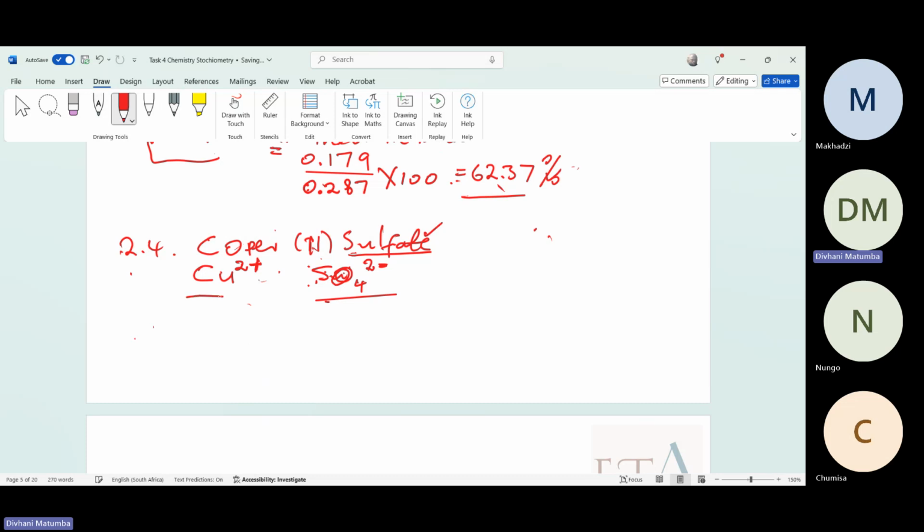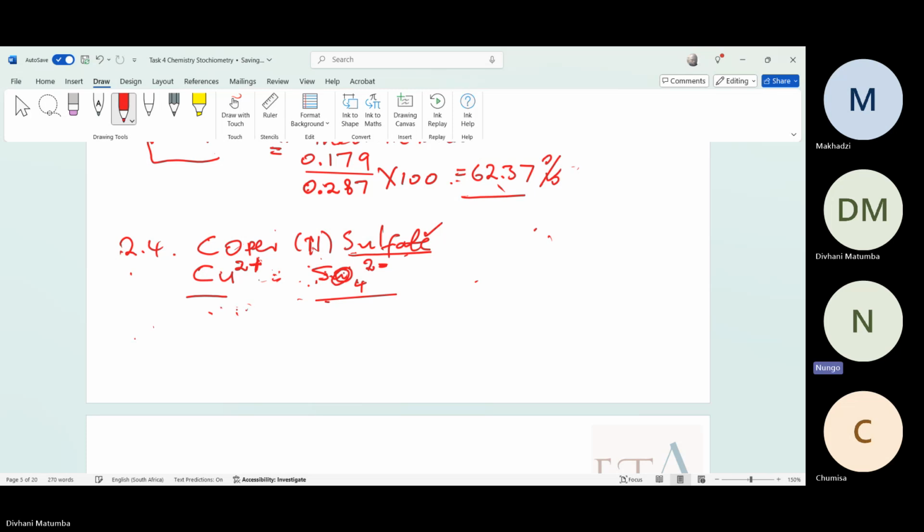So if you have the two ions, when they combine, what are we going to have, Makazi? Okay. Kumisa, if you combine these two ions, what are you going to have? Okay, Nungo.